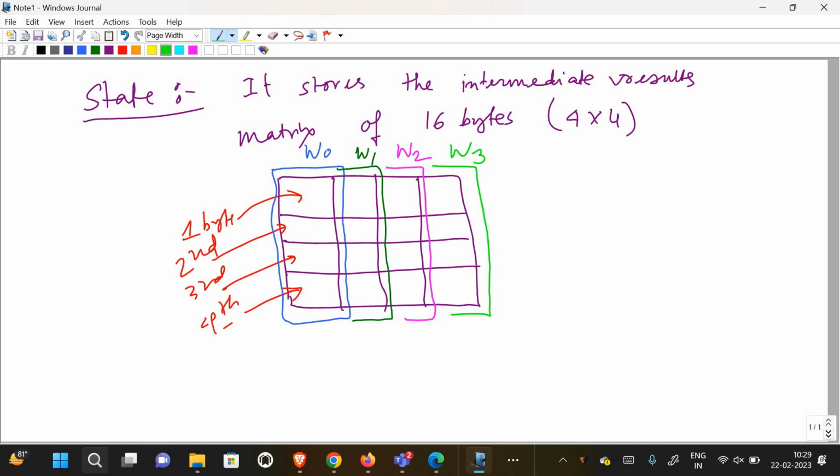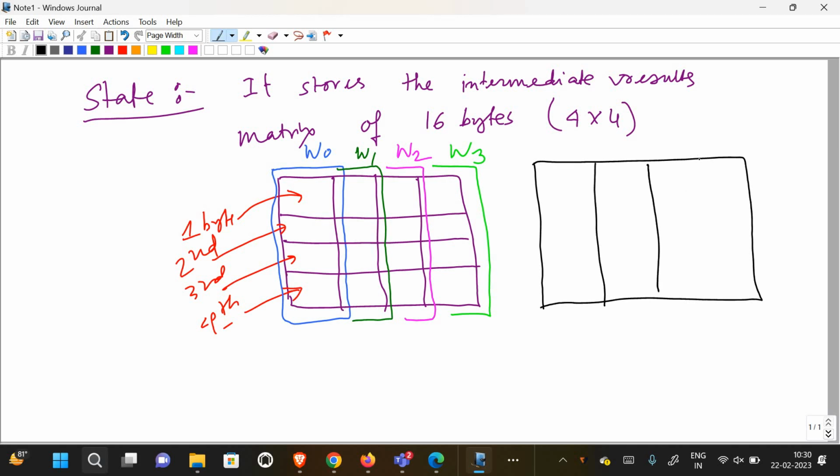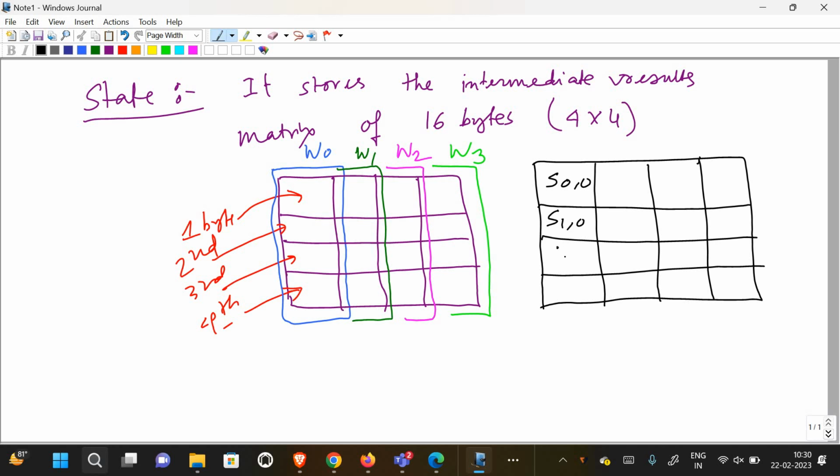Now, within that also, there is some specification, and I'll mention it over here. I'll just redraw the first block once again, just for our clarification. Suppose this is my box. As per the specification, this first box will be mentioned as S of 0,0. This one will be S of 1,0, S of 2,0, S of 3,0.